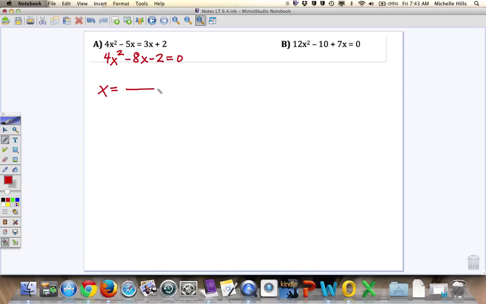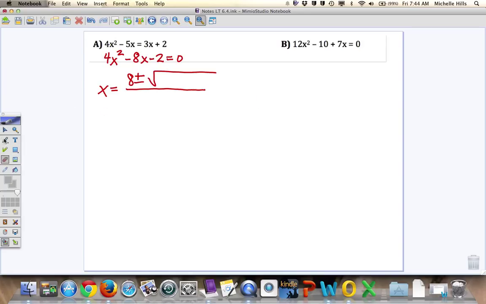So x equals big long fraction bar. The opposite of b, well, b is negative 8, so the opposite of that is positive 8, plus or minus the square root of b squared, which is negative 8 squared. If you're going to write that, you need to write the negative 8 inside parentheses with the square on the outside, or otherwise you're writing the opposite of 8 squared.